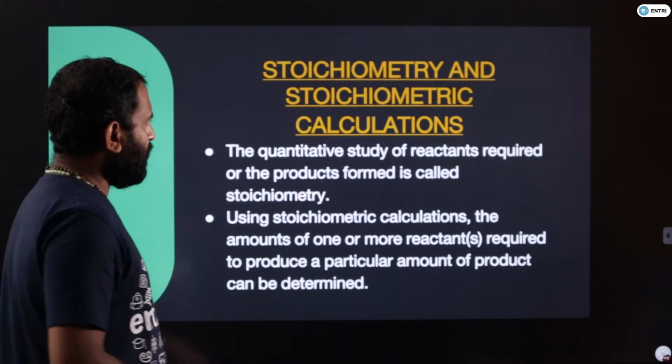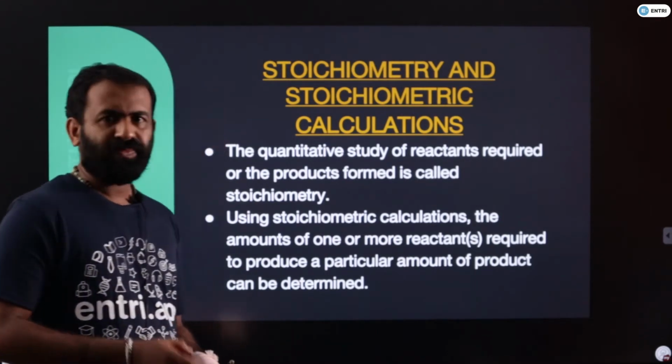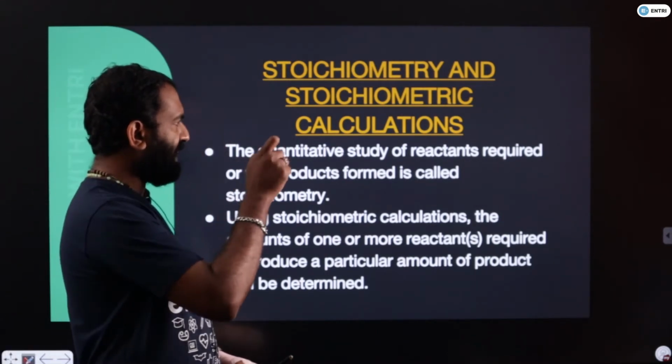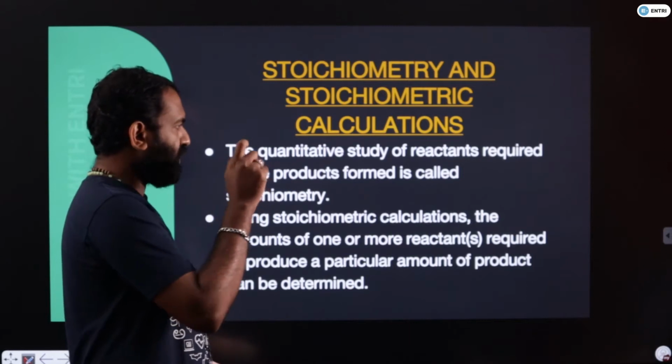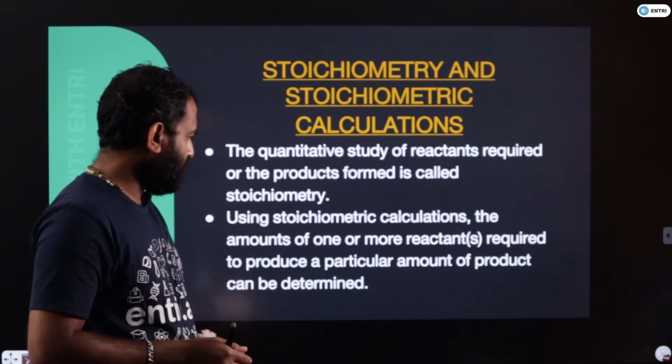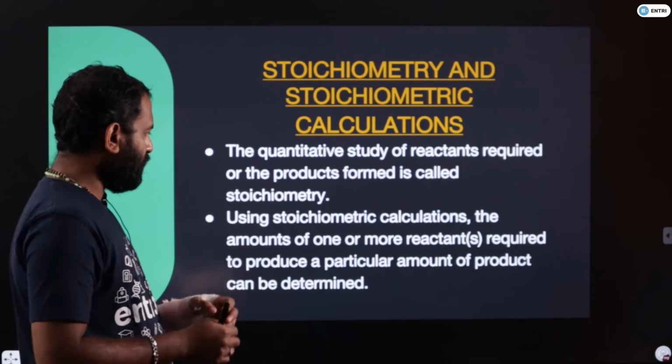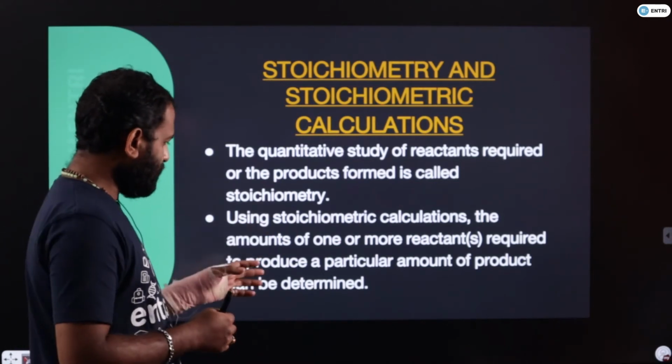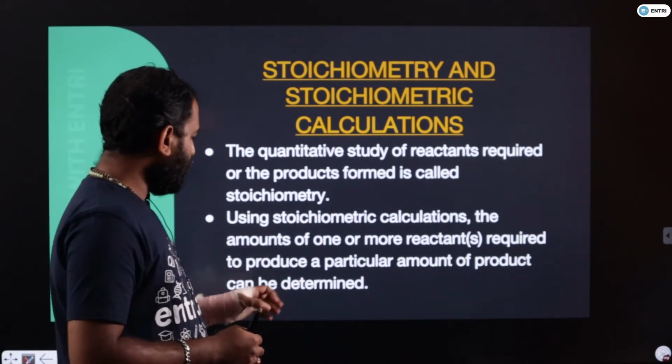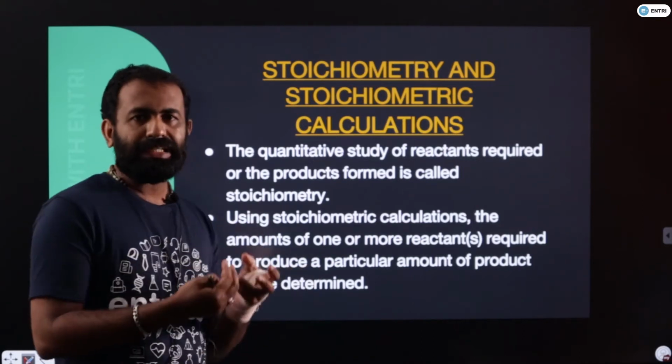Then stoichiometry and stoichiometric calculation. The quantitative study of reactants required or products formed is called stoichiometry. Using stoichiometric calculation, the amount of one or more reactants required to produce a particular amount of product can be determined.